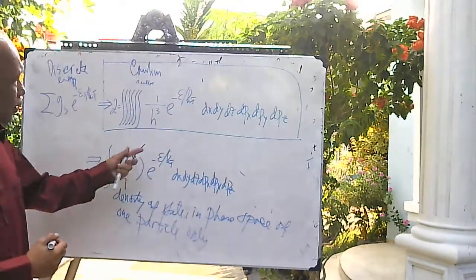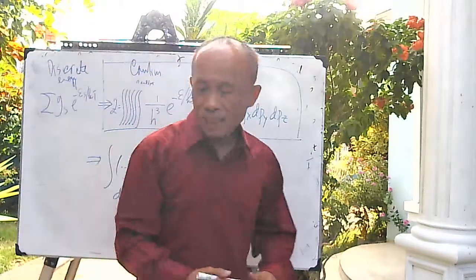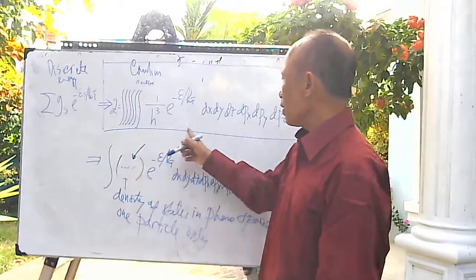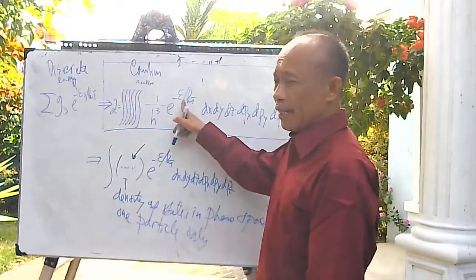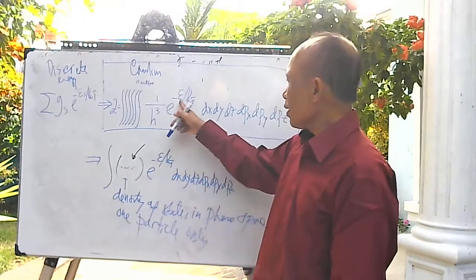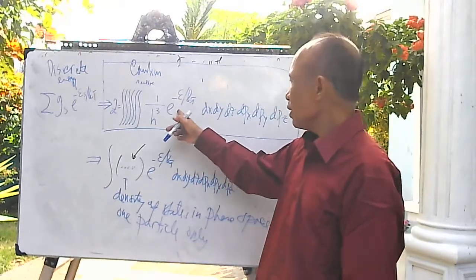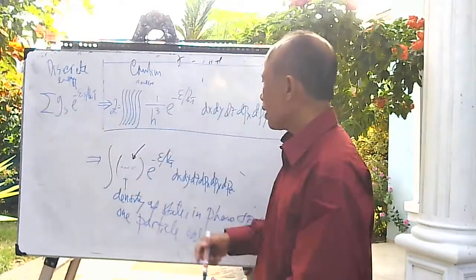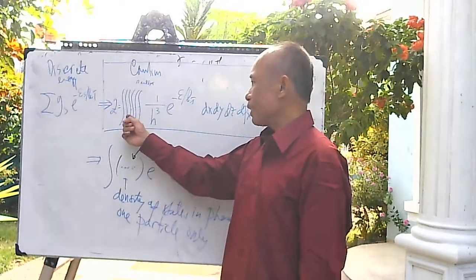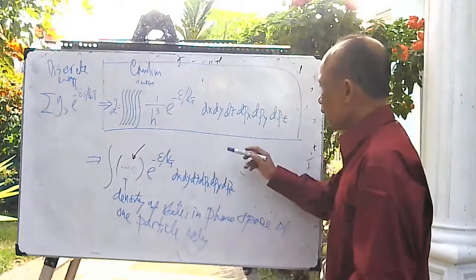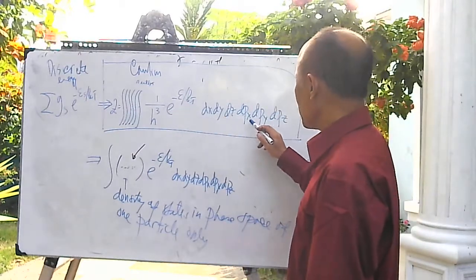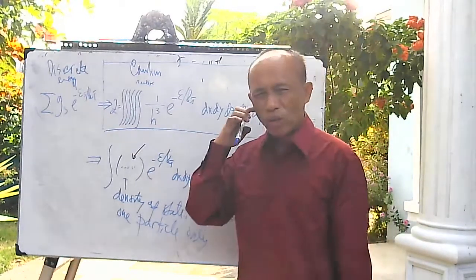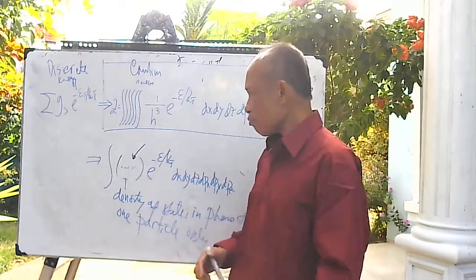We have to solve this 6-fold integral. This is the particle energy in its continuum expression. It is the same as before; we have changed from the summation into a 6-fold integral over dx, dy, dz, dpx, dpy, and dpz. This is only for one particle.